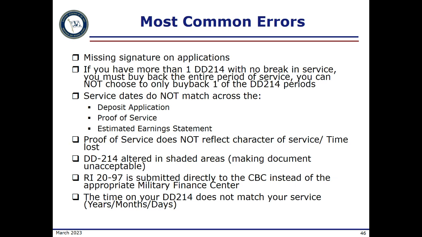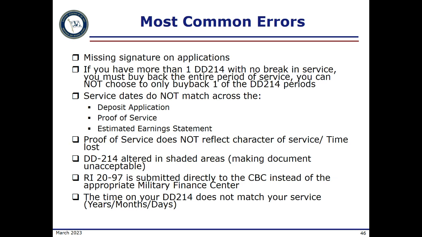So they're providing maybe the wrong DD-214, or their statement of service doesn't address the character of service and time loss. Another one that we've seen is the DD-214 altered in shaded areas, making the document unacceptable.